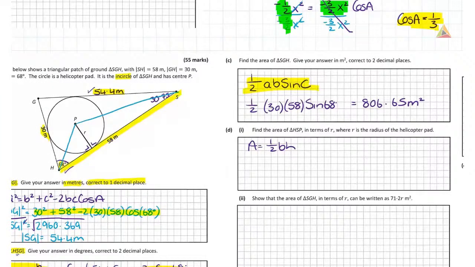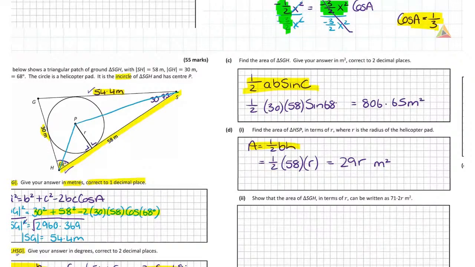So for my base, I'm going to use 58, as we've marked there, and my perpendicular height is going to be R. So putting that into your calculator, half of 58 is 29, so 29R, and again our units are meters squared in this case. Okay, so that's using both of our area of a triangle formulae.